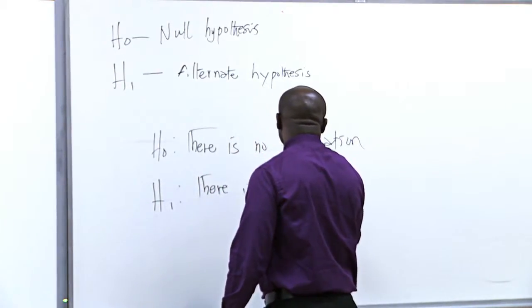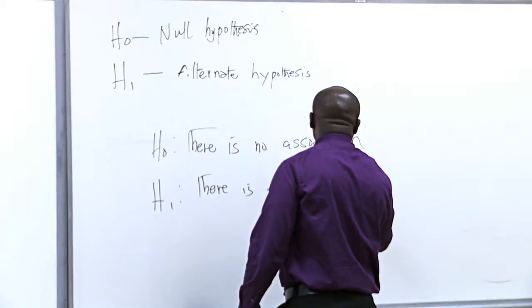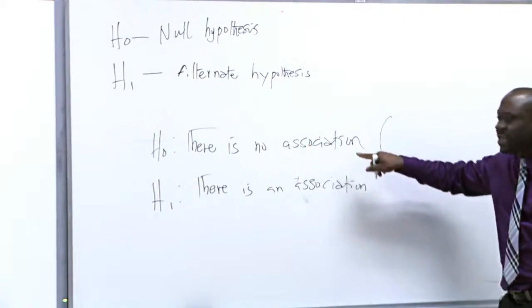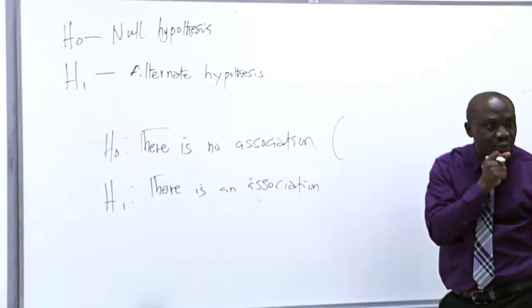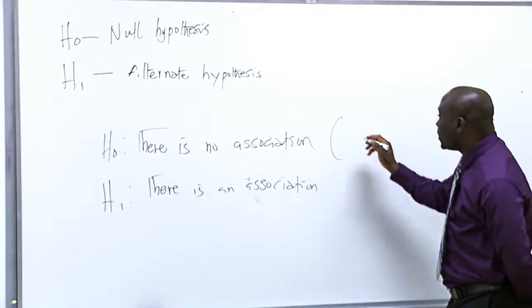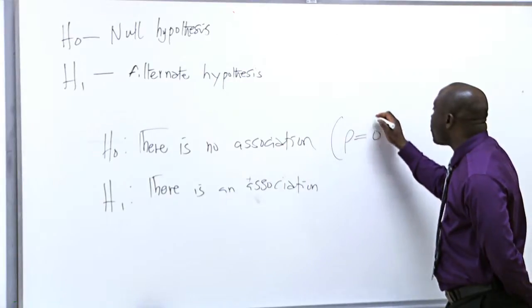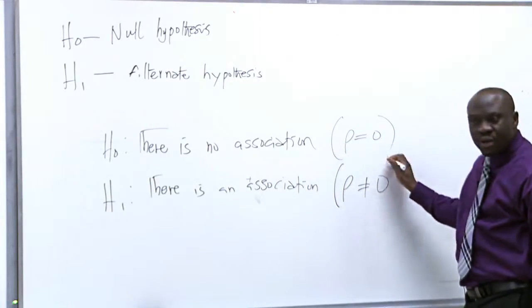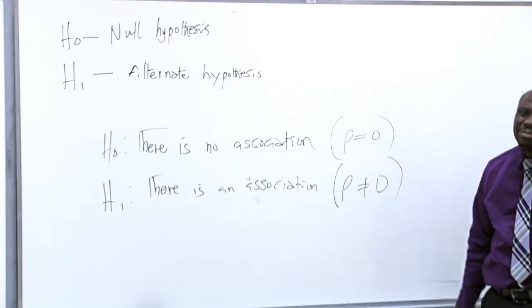There is an association. Now, do you remember that when we said there is no association, that meant R is equal to 0? So it's the same as writing rho is 0. And if there is an association, then rho is not 0. Does that make sense? I think that's better.